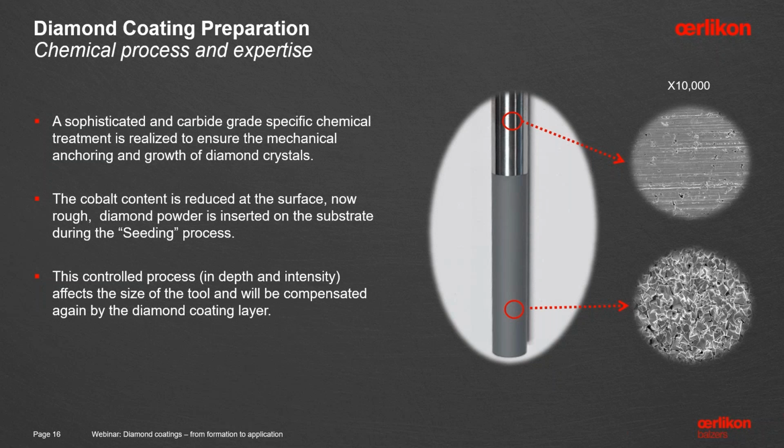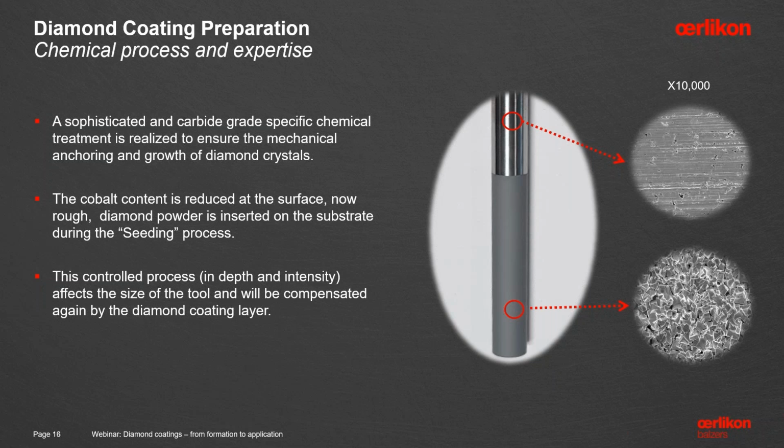The color has changed, also a little bit the diameter already. And you see on the magnification, the structure has changed a lot. We basically removed, to a certain depth and to a certain content, predominantly the cobalt.